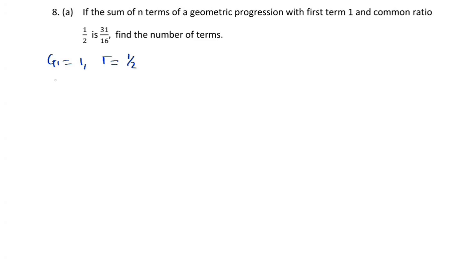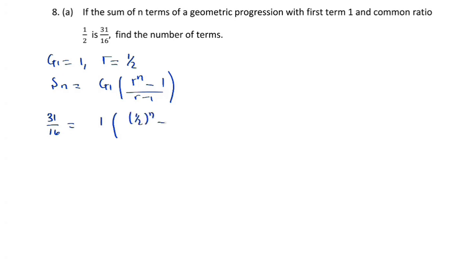Okay, so let us recall the formula, which says Sn equals G1 in brackets R power n minus 1 over R minus 1. Okay, so let us substitute the values which we have. We are going to have 31/16 equals 1 in brackets 1/2 power n minus 1 over 1/2 minus 1.